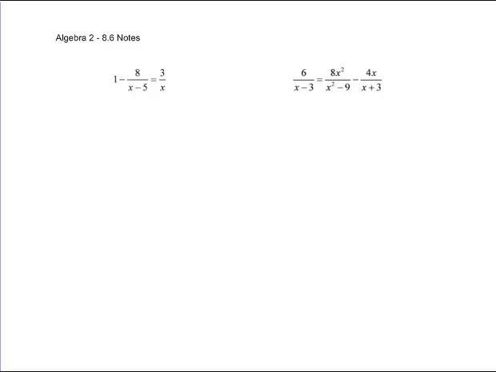Okay, so on these, we've got a couple more examples here, and again, I'm going to show you the algebraic way and a calculator way so that you can see both ways to solve these. But basically, we'll start on this left-hand one. We want to get a common denominator. We want to clear out that fraction, and the easiest way to do that is to multiply the entire thing by the least common multiple, or least common denominator.